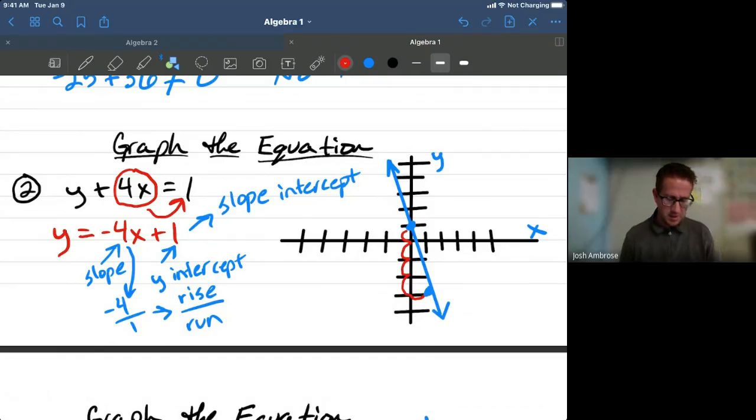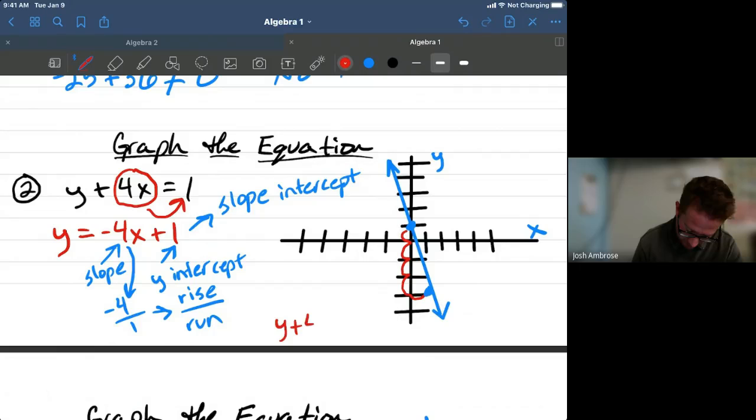If we made x equal to 0, we just had y plus 4 times 0 equals 1.